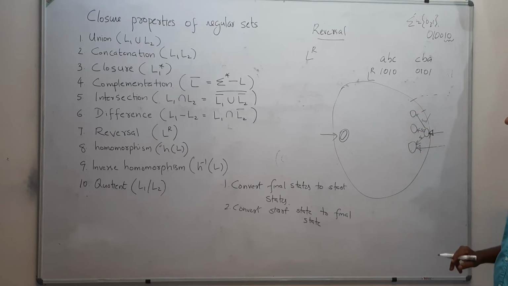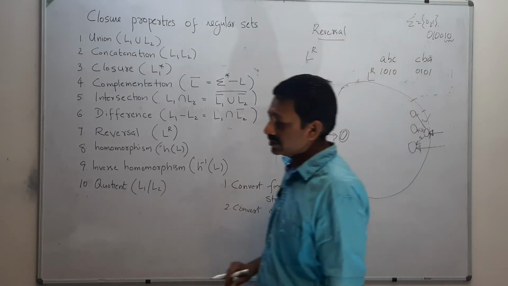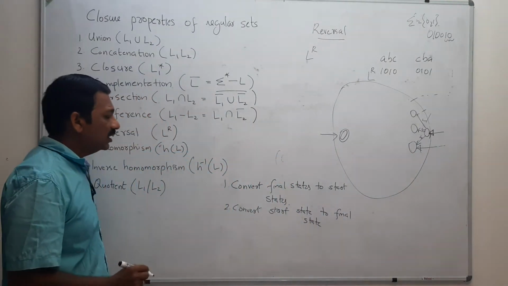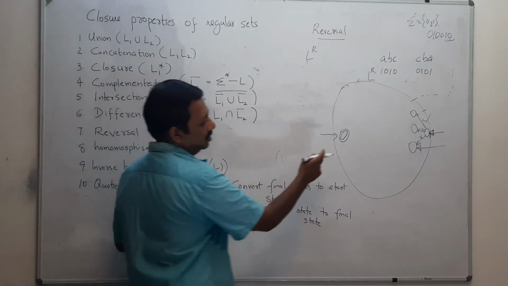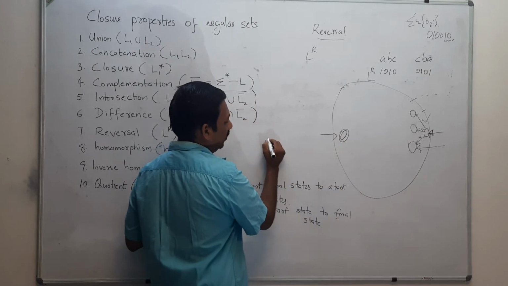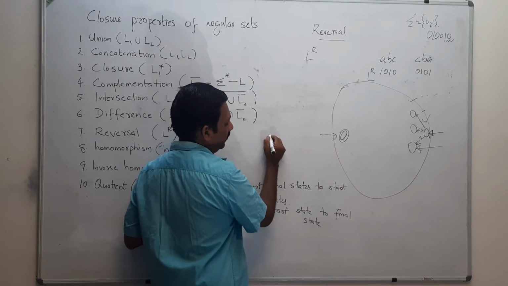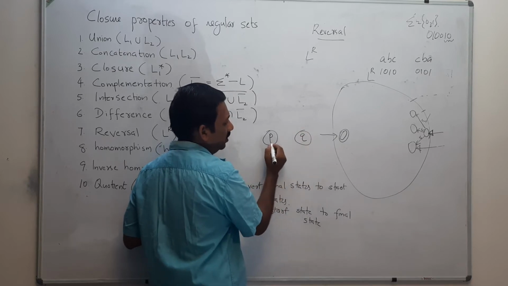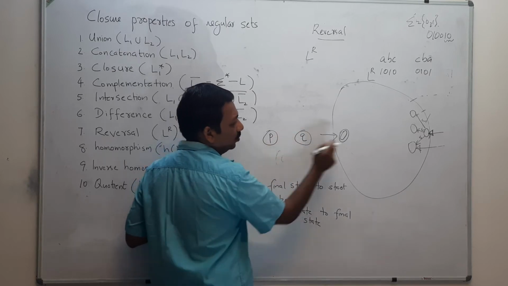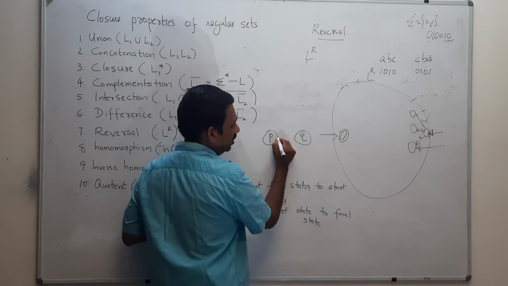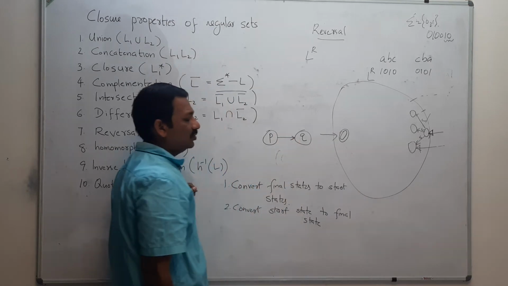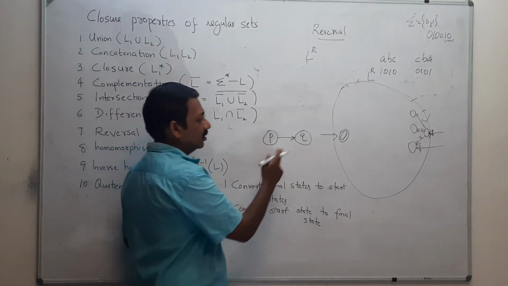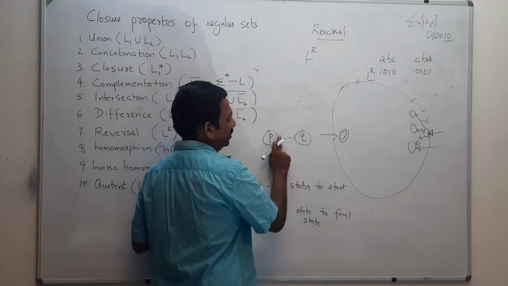Then after that, in the original L, suppose that you have two states P and Q, and you have a transition from P to Q. Then you have to reverse that.